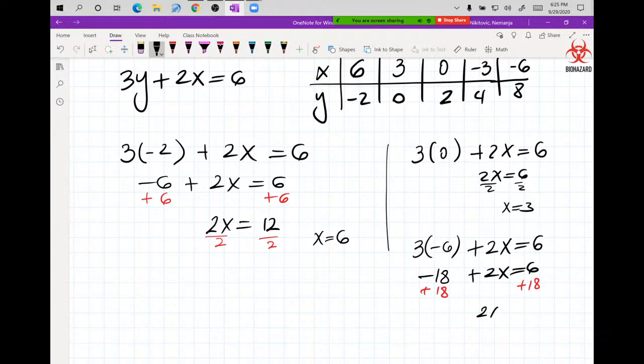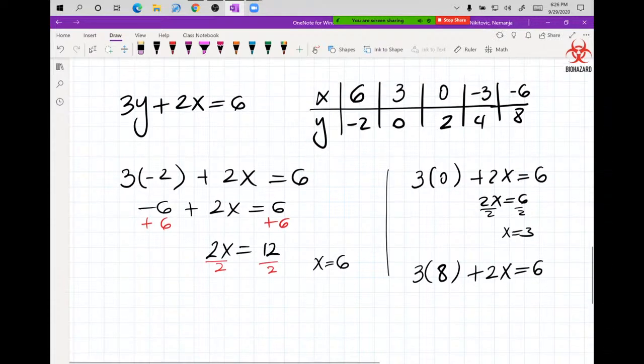So we have now 2x equal, wait, something is off over here. 24, x equals 12. Oh, I was supposed to plug in 8. Terrible, terrible, terrible.